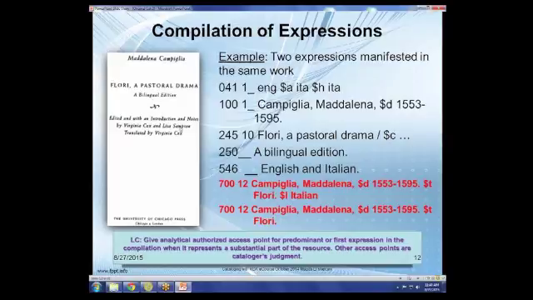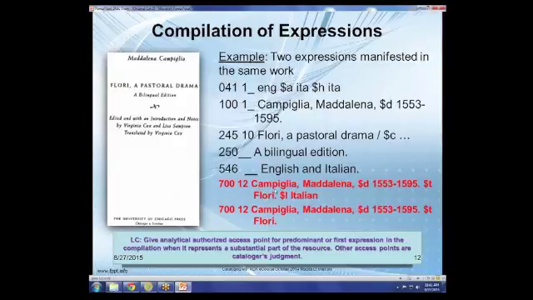Subfield C is cut off for reasons of space, but in subfield C it would say edited and so on by Virginia Cox, translated by Virginia Cox, and so on. 250, a bilingual edition, appears in the field for edition statement, and then 546, language note, English and Italian.